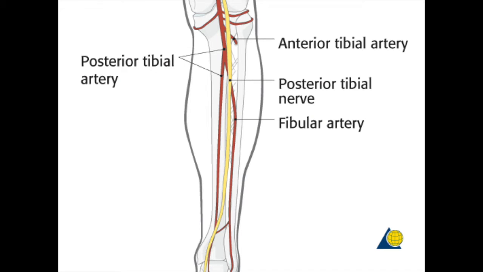These muscles altogether are innervated by the tibial nerve. Again, though, the arteries are a little bit different. The flexor hallucis longus and tibialis posterior are supplied by the posterior tibial artery and fibular artery. The flexor digitorum longus only gets its blood from the posterior tibial artery, and the popliteus muscle gets its blood from the popliteal artery.